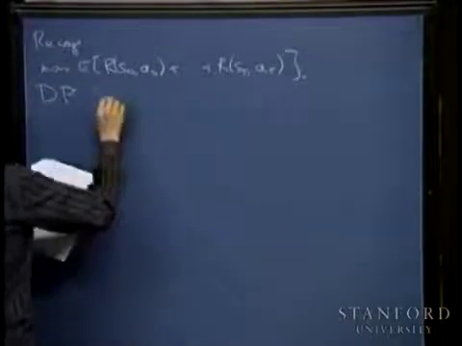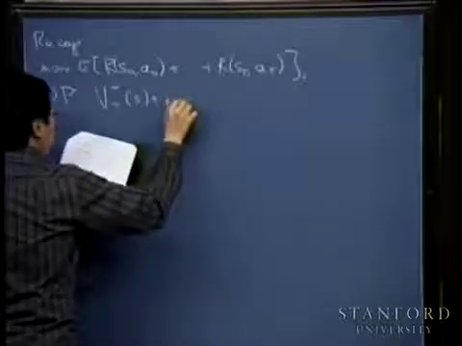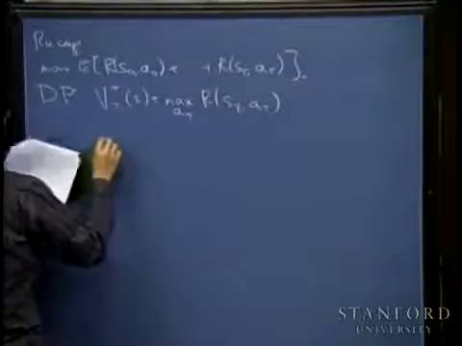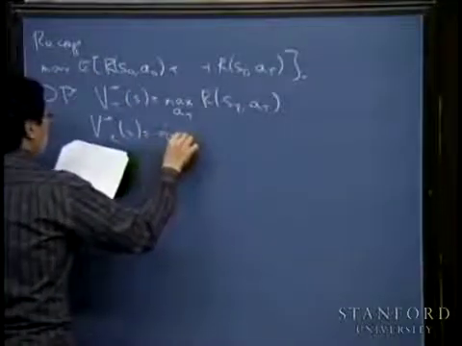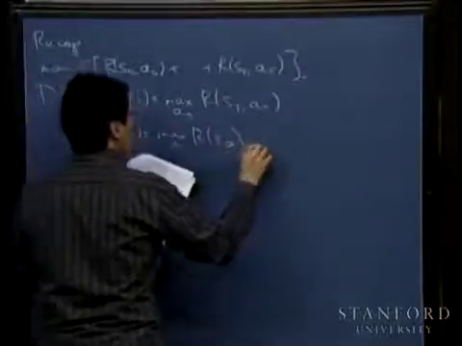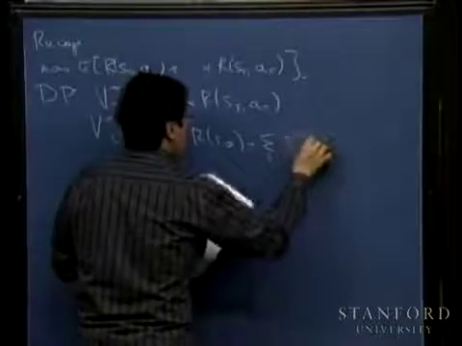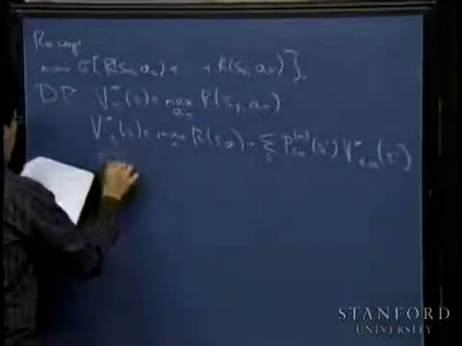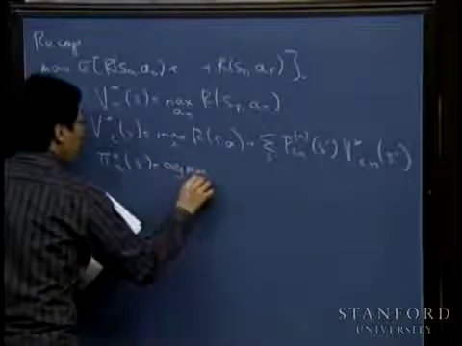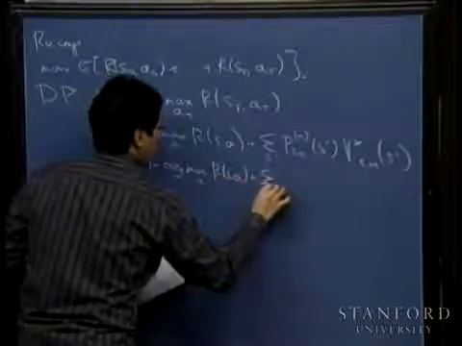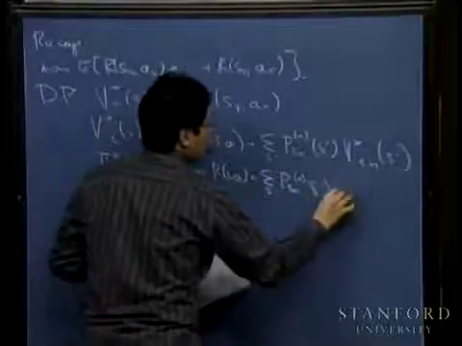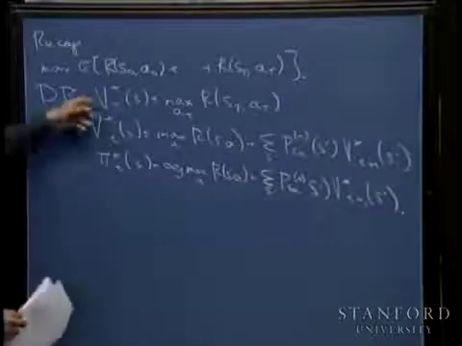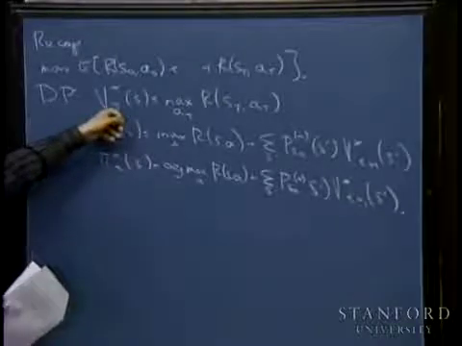And then we came up with this dynamic programming algorithm in the last lecture, where you compute v star of capital T, the optimal value function for the last time step.